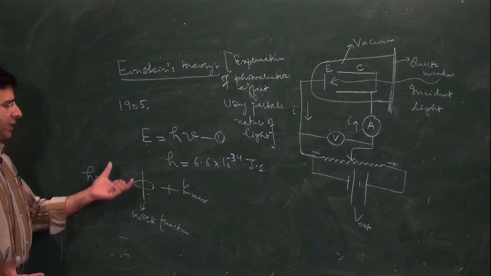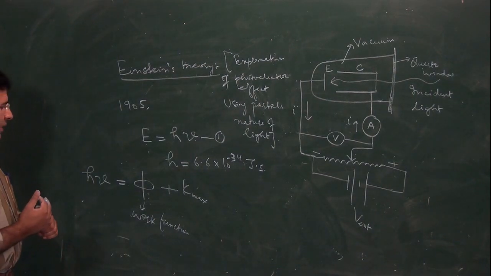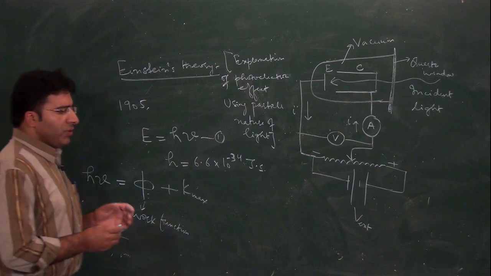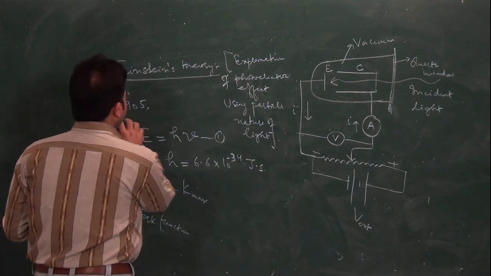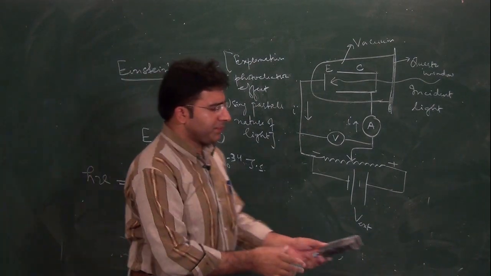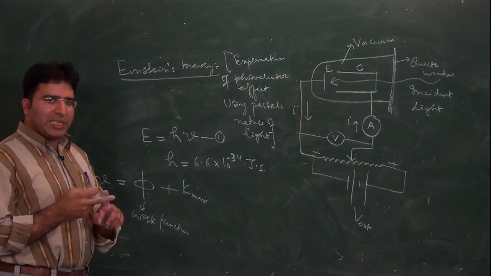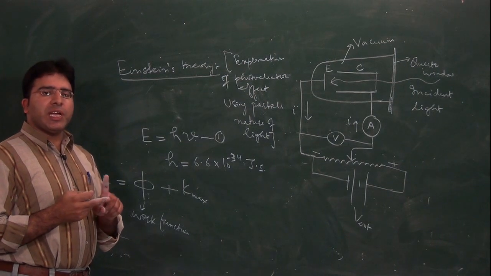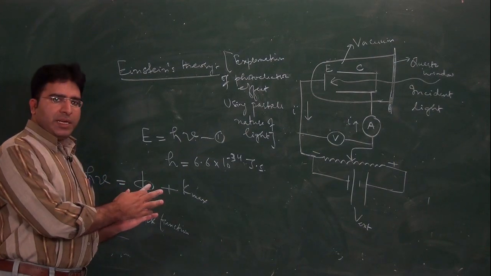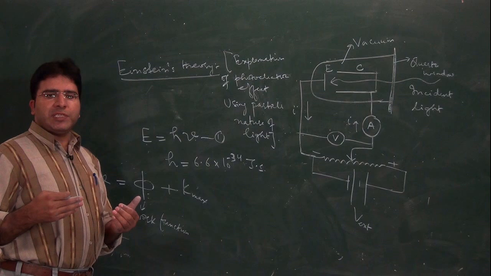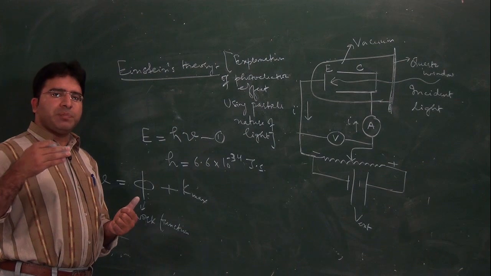Now he has to explain the intensity problem and frequency problem. He said when we are increasing the intensity of light, what we are actually doing is increasing the number of photons striking the metal surface per unit area per unit time.